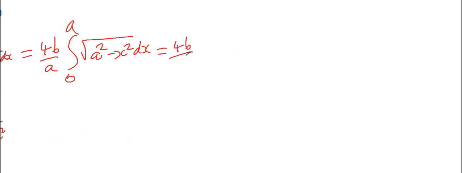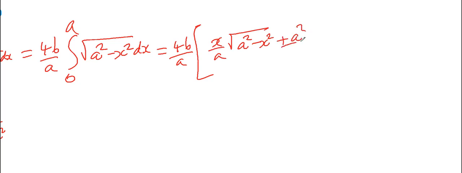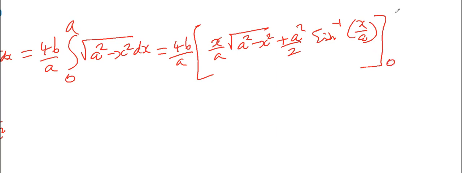So 4b by a is a constant, and here the formula of integration of root of a square minus x square will come. It is x upon 2 root of a square minus x square plus a square by 2 sine inverse x by a. This is the formula of integration of root of a square minus x square. Limit you will put from 0 to a. Then 4b by a, first you substitute the value of a in x.